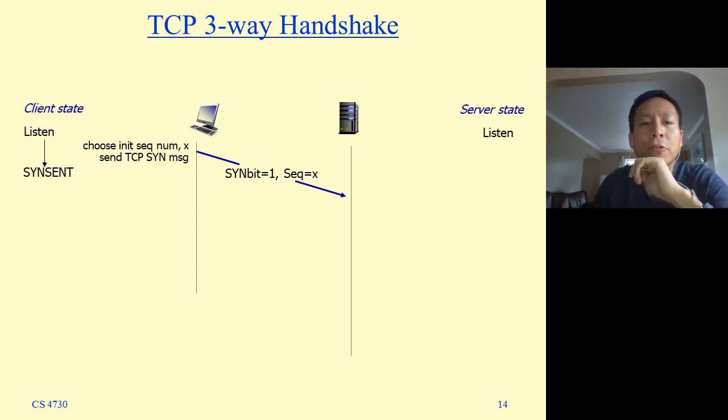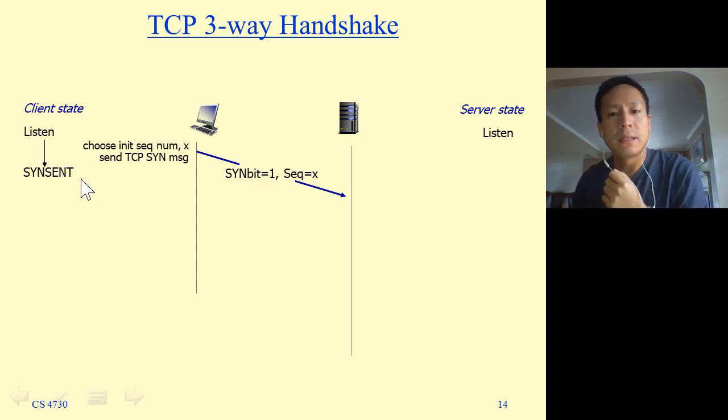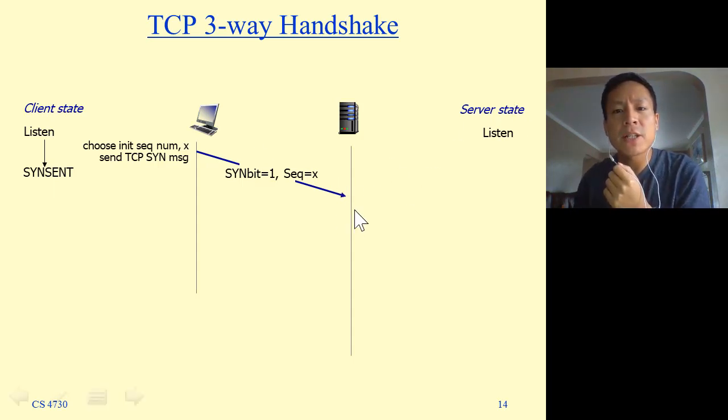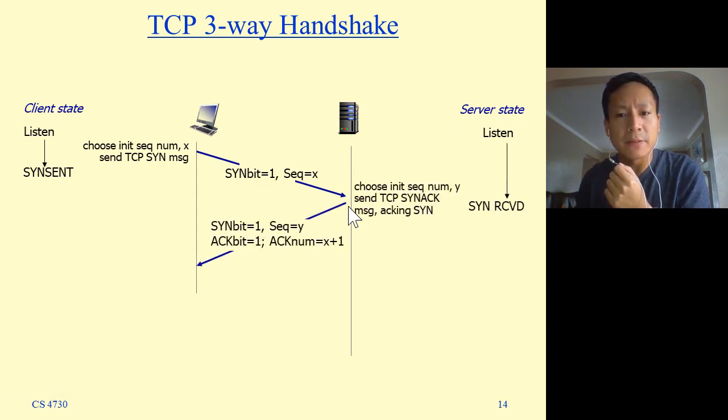The client will also select its initial sequence number X and tell the server side. So the client goes to the SYN-sent status, and after the server receives this SYN message, it will respond.